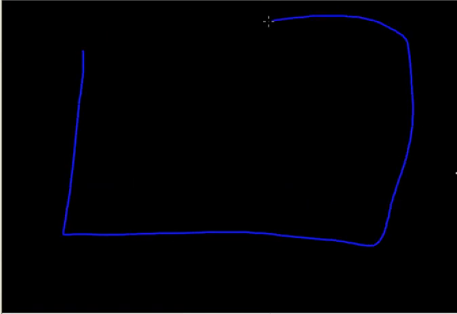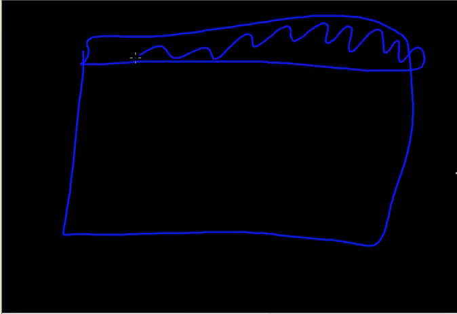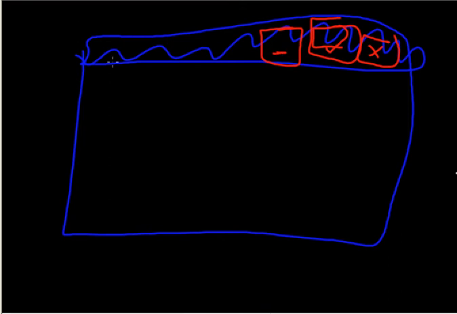Oh, undo. Okay, I guess I'll just have to deal with black for right now. And then of course you have your buttons right here, your exit button, and then your maximize button, and then your minimize button.